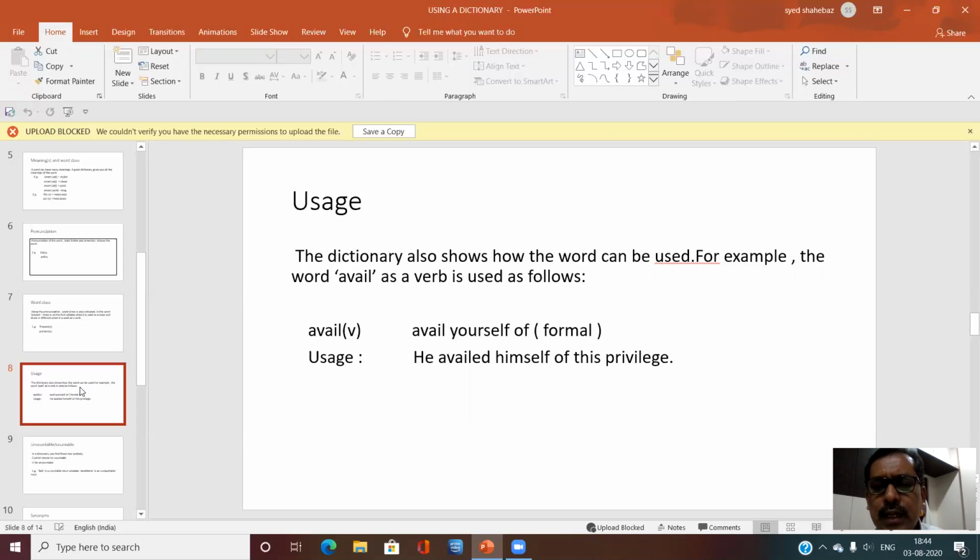They availed themselves of the privilege. We availed ourselves of the privilege. So myself, himself, herself, ourselves, themselves, these are reflexive pronouns. So the correct usage is given in the dictionary.